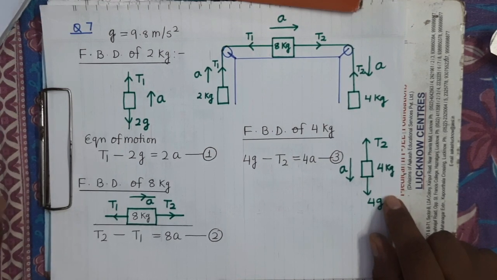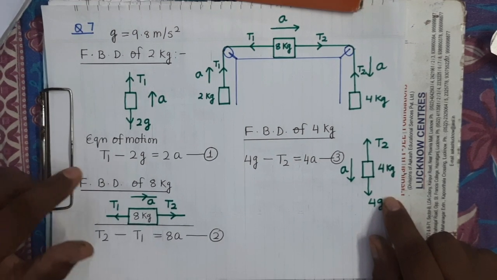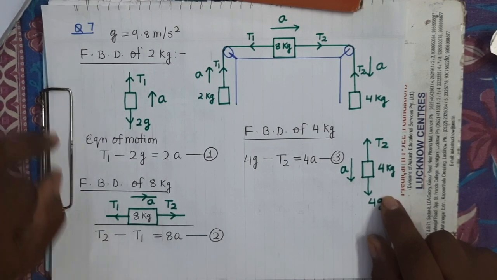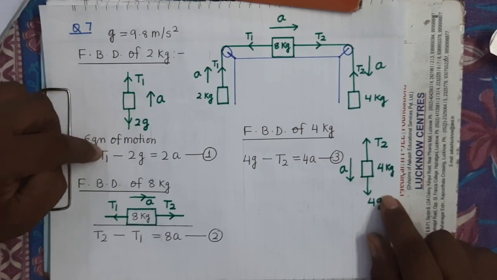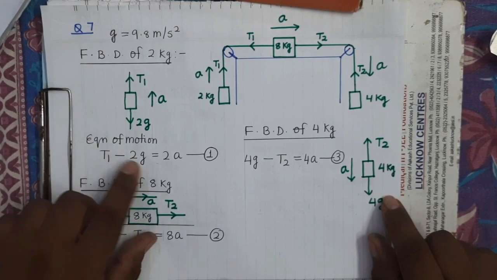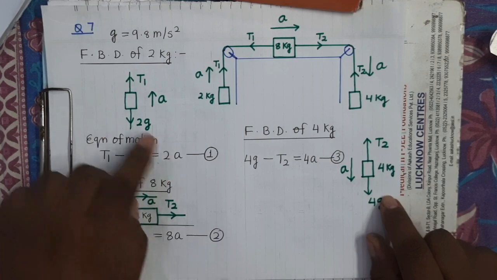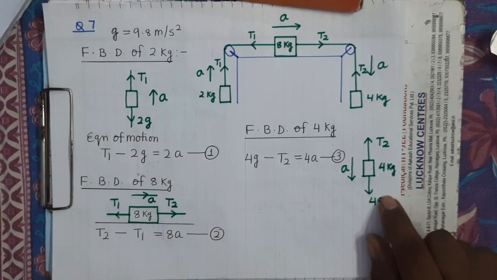Number 1, you disconnect the body from all other bodies, then show all the forces acting on the body, and then the direction of motion. So the bigger force will be T1 because it is going in the upward direction. So T1 minus 2g equals 2 into A. Net force will be T1 minus 2g equals its mass, which is 2, into acceleration A. So this is the equation of motion of the 2 kg block.